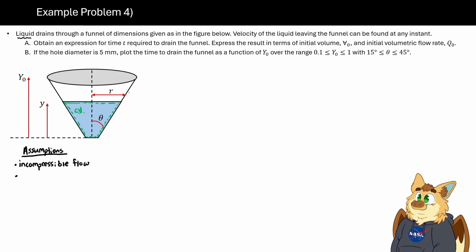And because we have a gravity-driven flow, right? Gravity is kind of driving the liquid to go out through the bottom. This upper surface is going to be changing with time. So y is a function of time here. So we definitely have a deformable control volume. First example problem where this comes up.